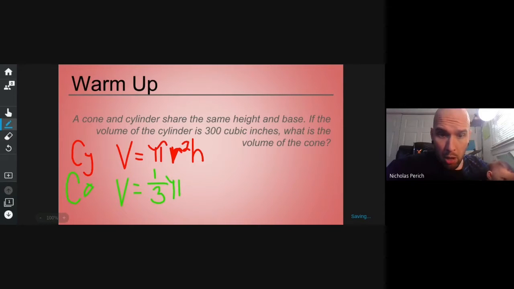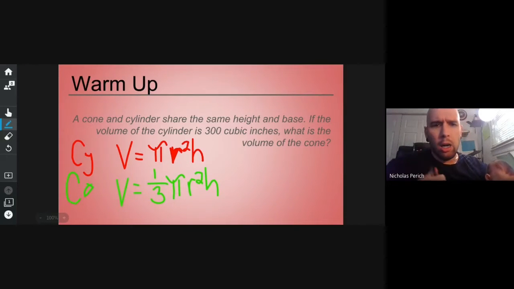The volume for a cone is V equals 1/3 pi r squared h. So there's only one difference between the two, and that's the 1/3.